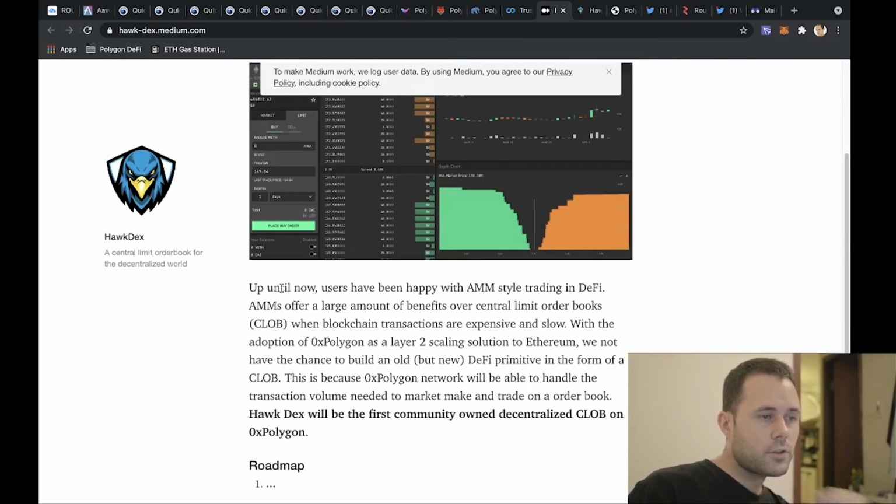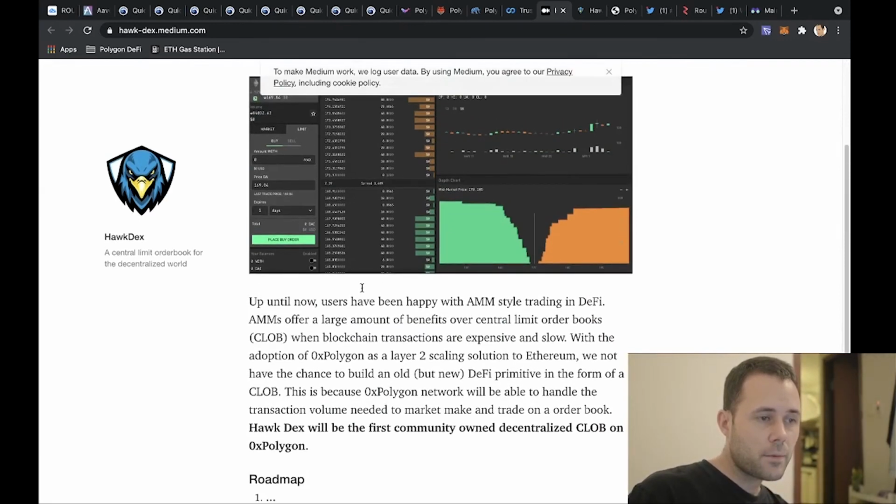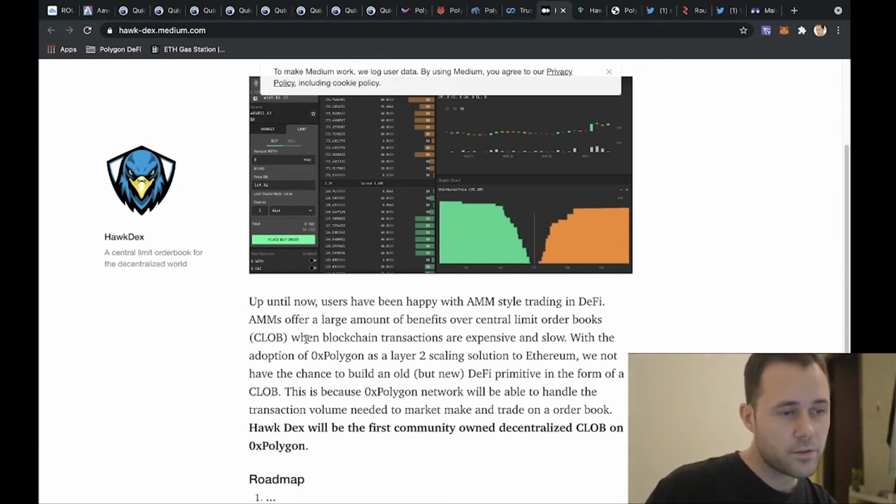So, I'll just read you this. Up until now, users have been happy with AMM style trading in DeFi. AMMs offer a large amount of benefits over central limit order books, CLOB, when blockchain transactions are expensive and slow.